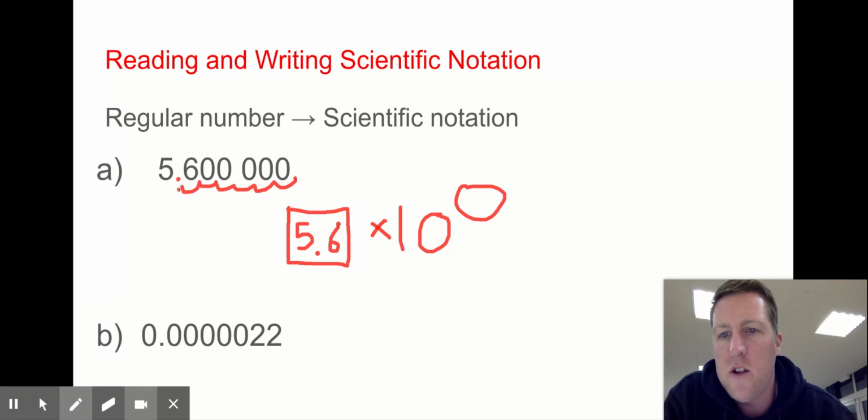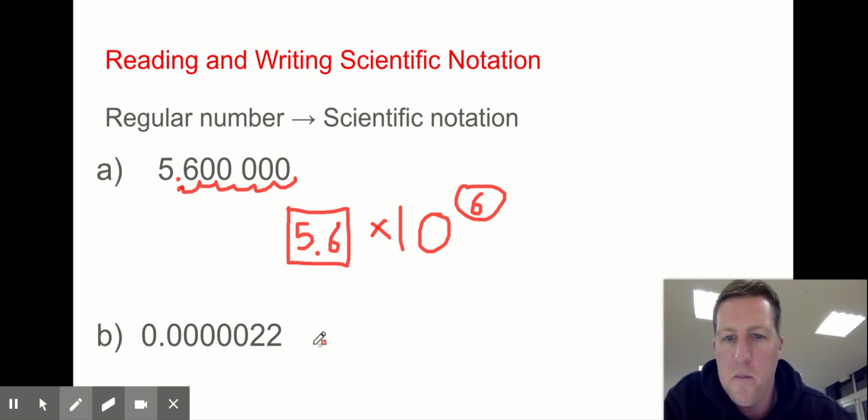So each space counts as a power of 10. So above here, I'm going to put 6 to represent the 6 spaces that I moved to the left. Okay, so that's the first example. 5,600,000 can be written as 5.6 times 10 to the power of 6.